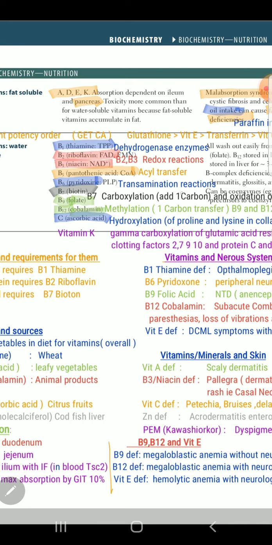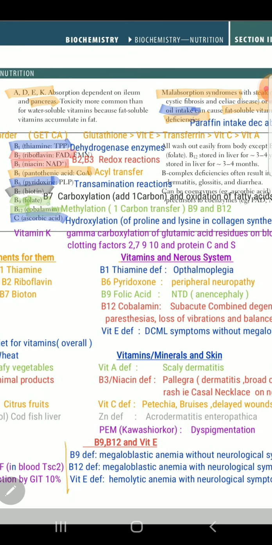If one carbon is asked at carboxylation, B7, and one carbon transfer methylation is asked, preferably it is B9 and also B12. So we prefer B9 over B12 here because B9 deficiencies are common. And if megaloblastic anemia is asked, even then we prefer B9 more than B12 unless neurological symptoms are there. And then we prefer B12 because they are specific to B12 as well.